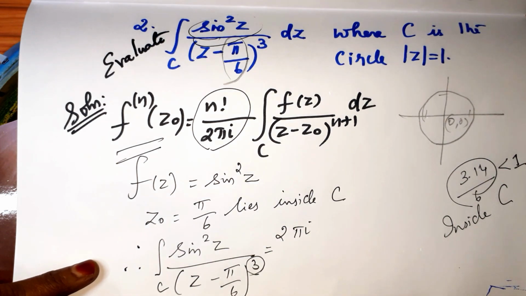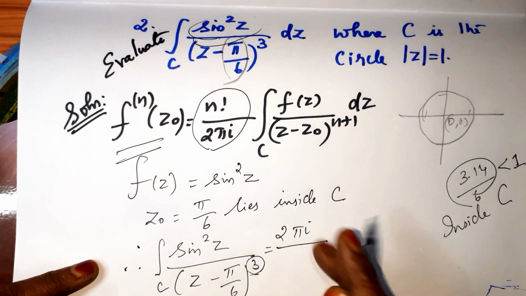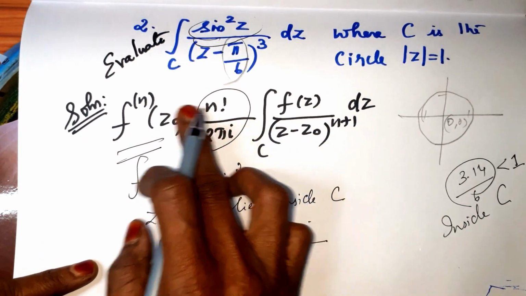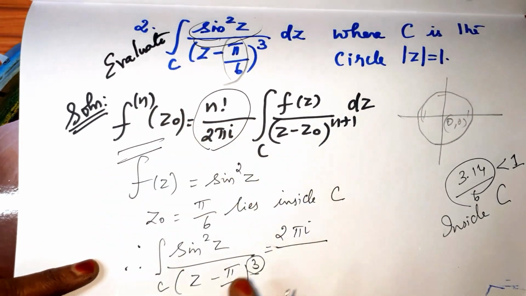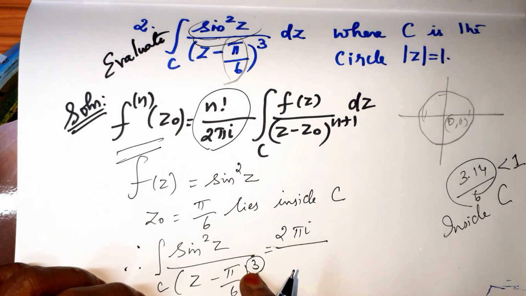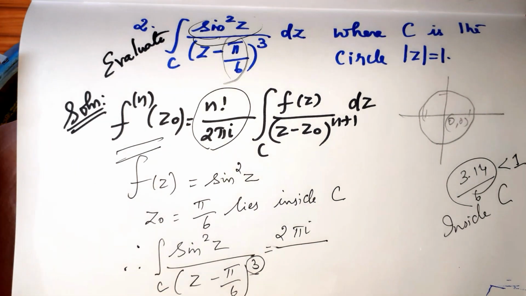It is power 3. If it is n plus 1, then n factorial comes in the denominator. If it is power 3, what will come, girls? It is 2 factorial. Am I right? Yes, it is 2 factorial.